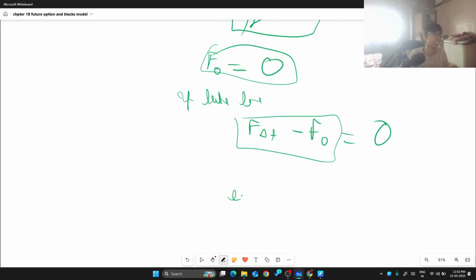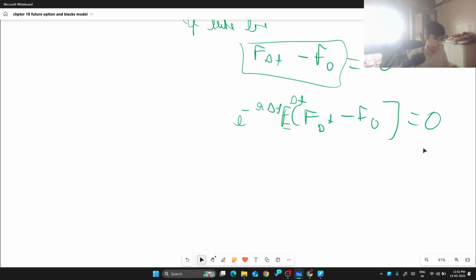And then if we discount it with expectation, because its value should be 0, we are discounting it at present time, then our total expectation is also 0.